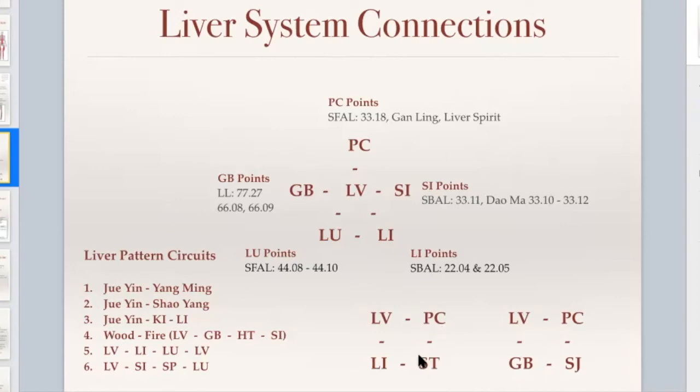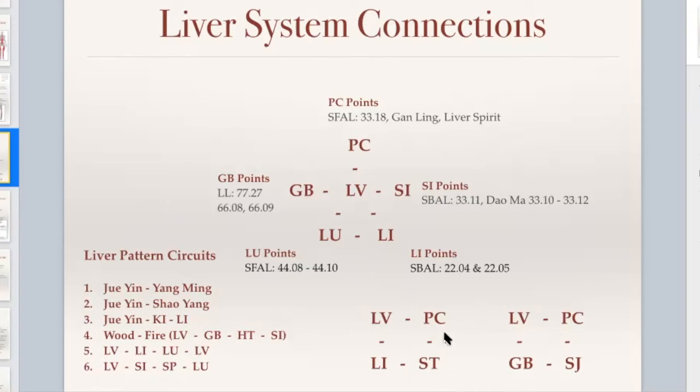Well, we can replace the stomach here with the kidney, because the kidney connects to the pericardium, that's system 5, and then the kidney also connects to the large intestine, that's system 4, okay? So if we put the kidney in there instead of the stomach, that is the Jueyin kidney large intestine circuit. And this one's quite common to see, especially in older people that have kidney yin and liver blood deficiency, or the kidney liver deficiencies.